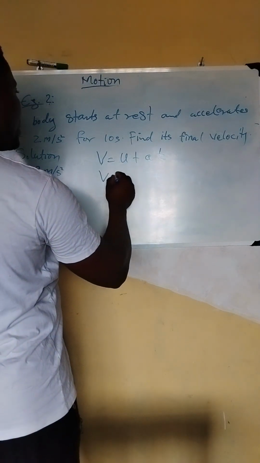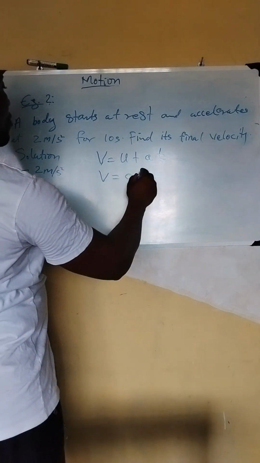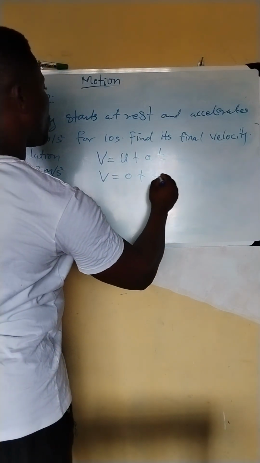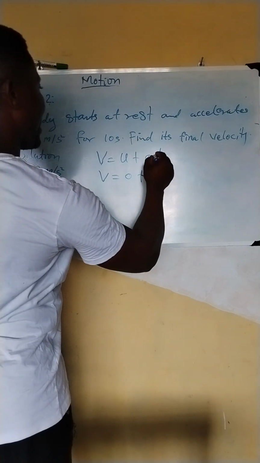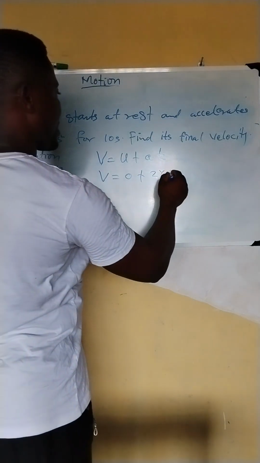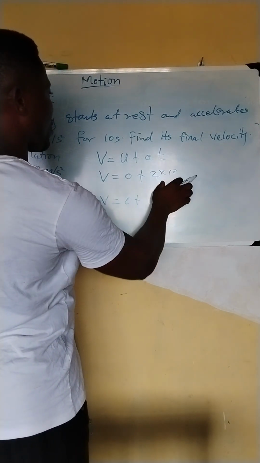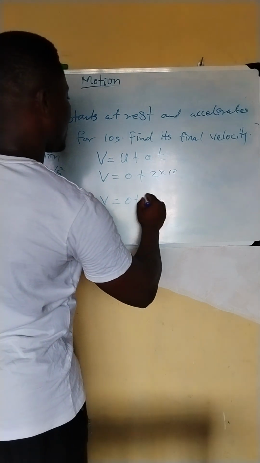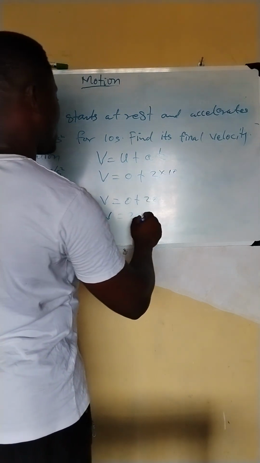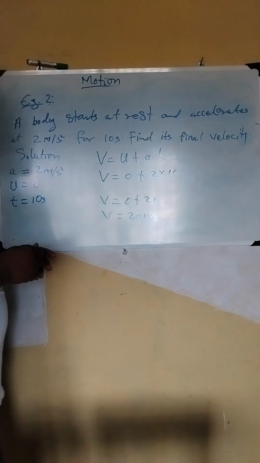That means V is equal to 0 plus 2 times 10. So V is equal to 0 plus 20. V is equal to 20. What is the unit? Meters per second.